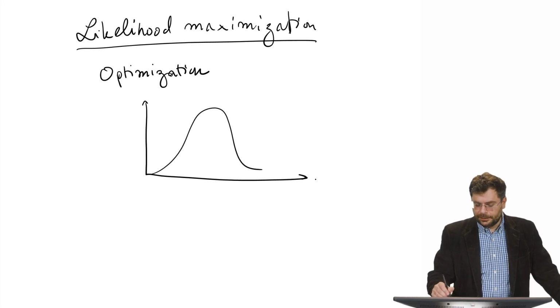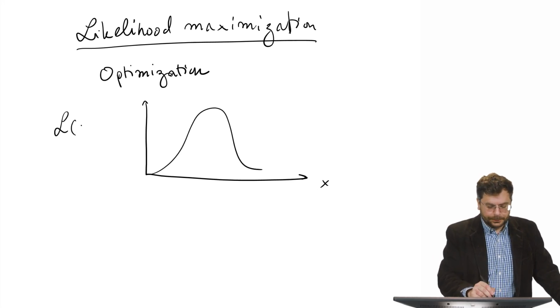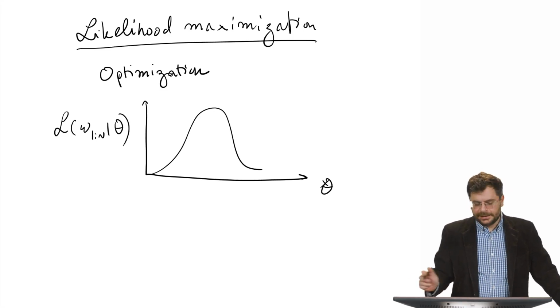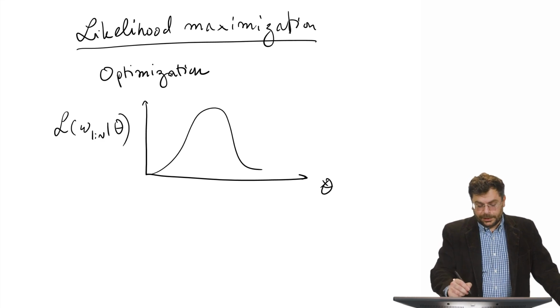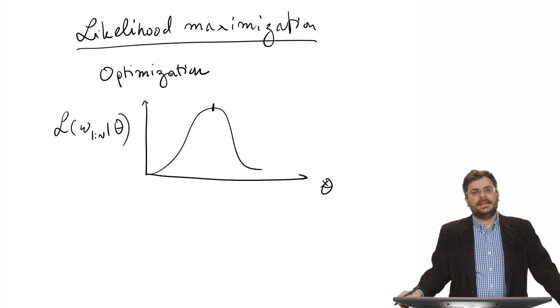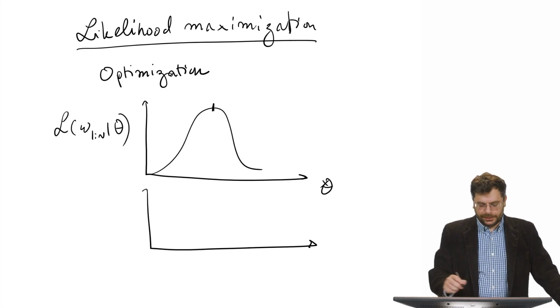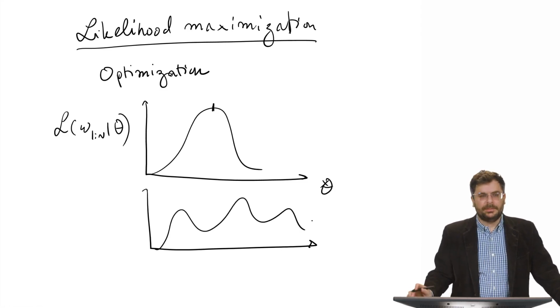If our likelihood, let's call this theta, were to look something like this, the goal of optimization, for instance, could be to identify the maximum of the likelihood. One challenge, as we've pointed out, is that oftentimes, for the types of problems that we're solving, the likelihoods themselves can be multimodal.